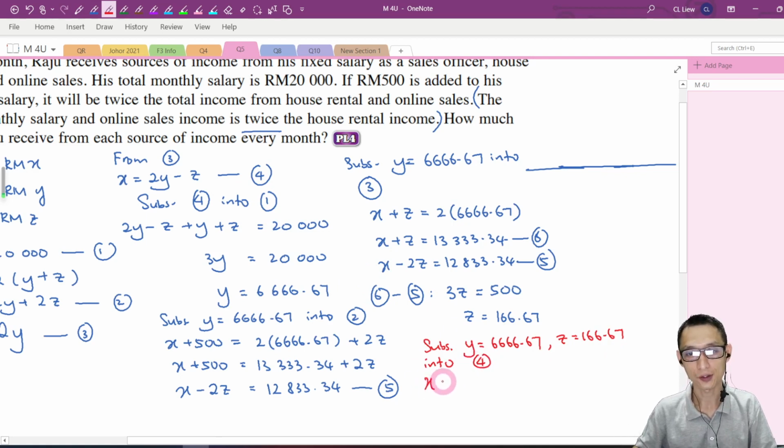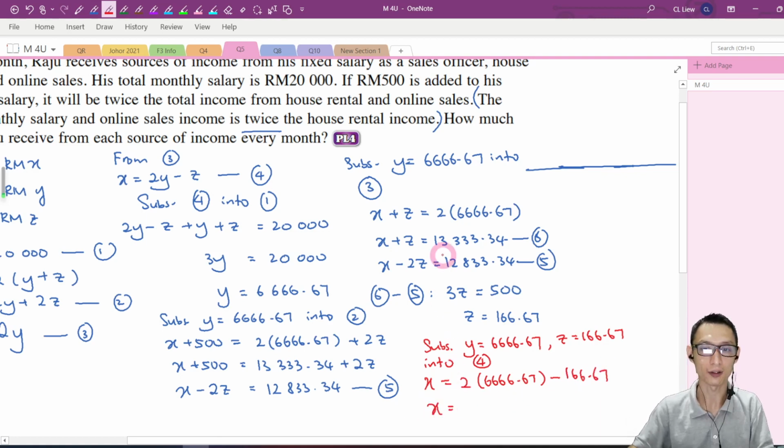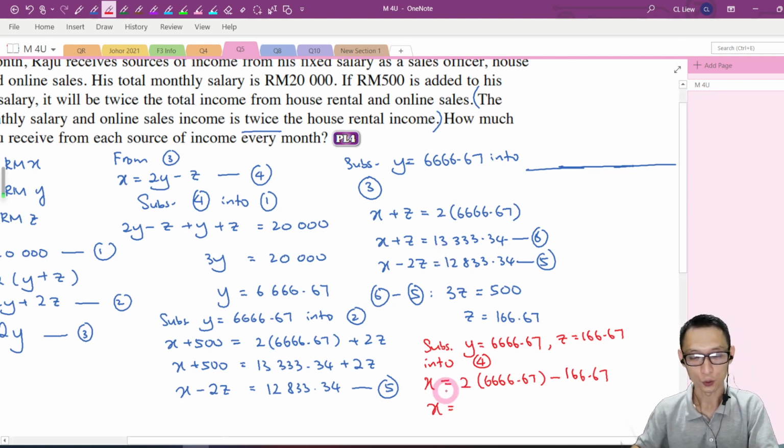So x is equal to 2y minus z. Okay, then just press your calculator. So you will be able to get 13166.67.